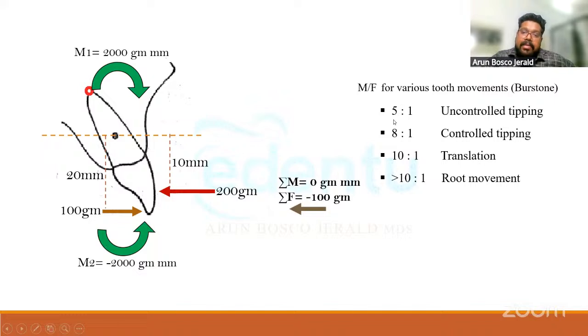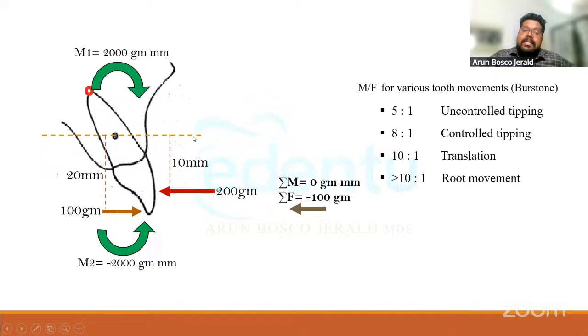So this is the magnitude of the moment of the counterbalancing force to the applied force. So we are assessing the ratio between the actual force that we have applied and the moment created by the opposing force.